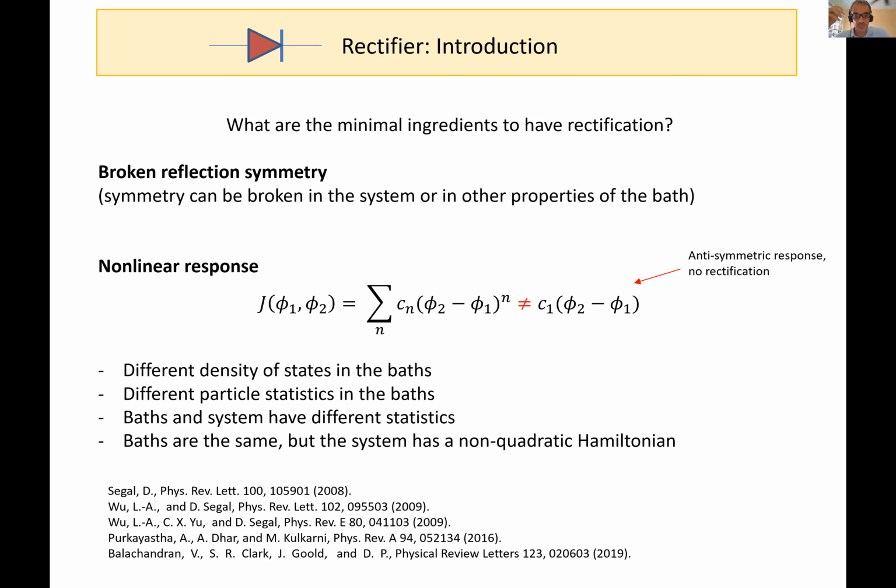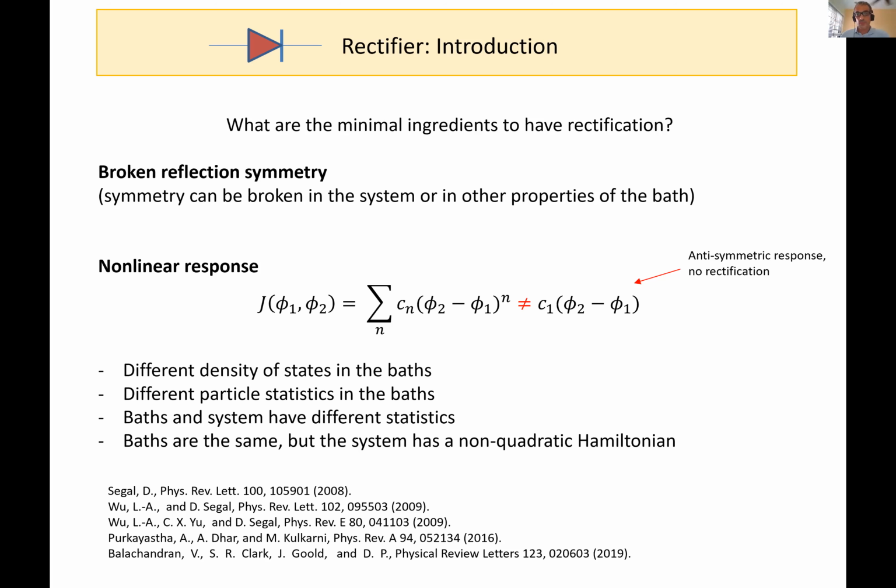The nonlinearities can be in the effective description of the spins, because a spin you can think of as a strongly anharmonic oscillator, or you can think that there are some nonlinearities in the baths which end up giving a very different density of states. And so here I mentioned some of the works. There is work of Achal Poikayasta where he was looking at bosonic systems with anharmonic terms, for example.